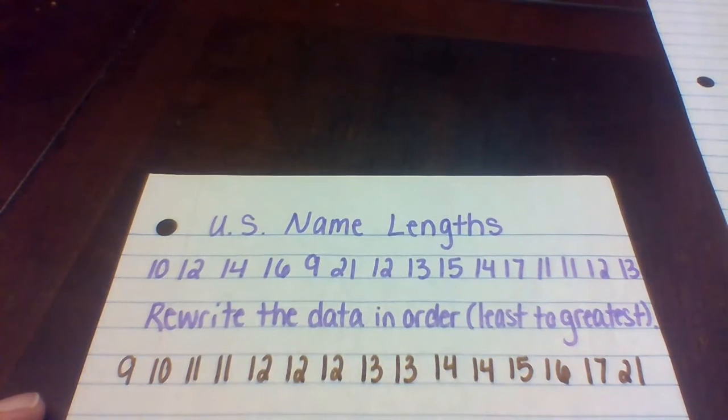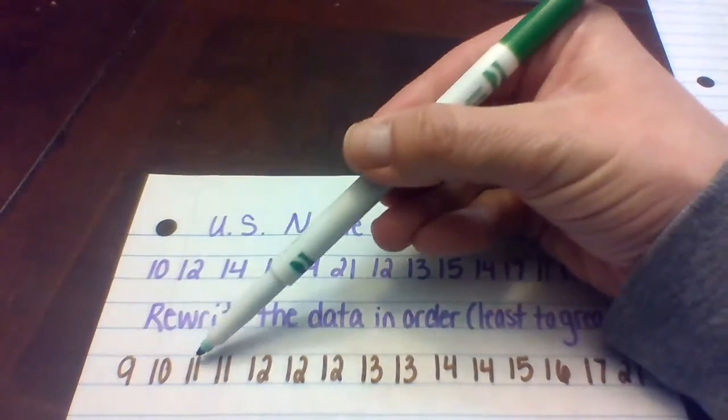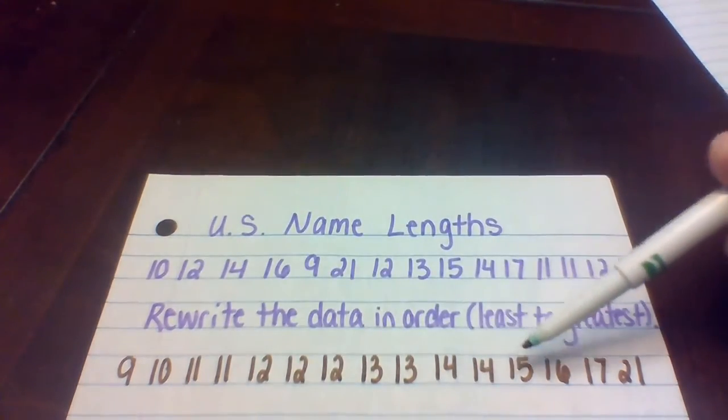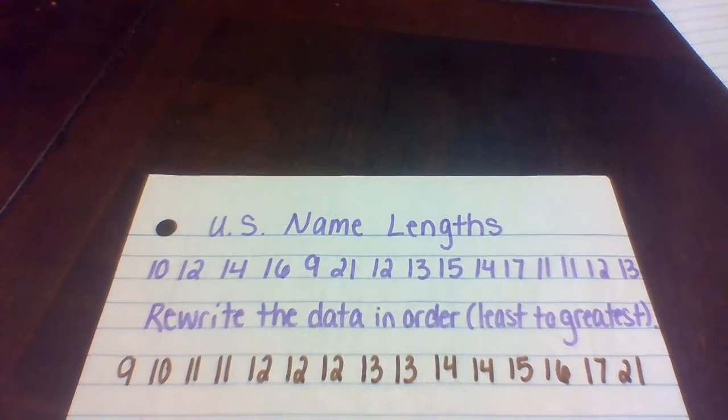And what I need to do now is I need to find the median, the middle number. So I'm going to go ahead and count how many pieces of data I actually have here to see if that helps me find the median. So I have 1, 2, 3, 4, 5, 6, 7, 8, 9, 10, 11, 12, 13, 14, 15.